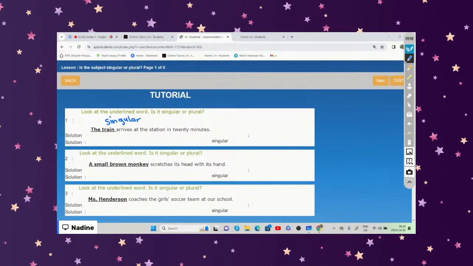Right? That is singular. And then if you look at number 2, it says, look at the underlined word, which is a small brown monkey. The monkey scratches its head with its hand. And monkey refers to a singular subject.